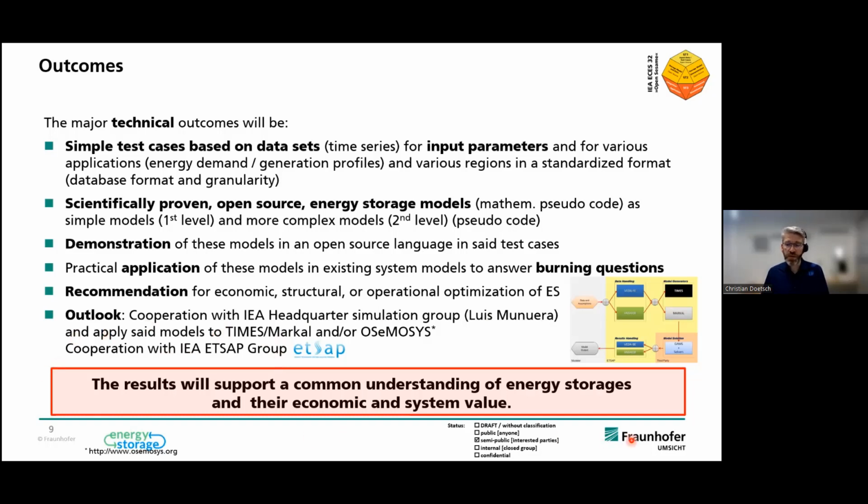And this is also the highlighted part here. The results will support a common understanding of energy storages and their economic and system value. I think this is a very important point, because no one has a problem explaining why photovoltaics or windmills are very important, because we need renewable energy and we have to produce it, so you need some generation units. That's it. A storage device is not needed by itself in most cases.